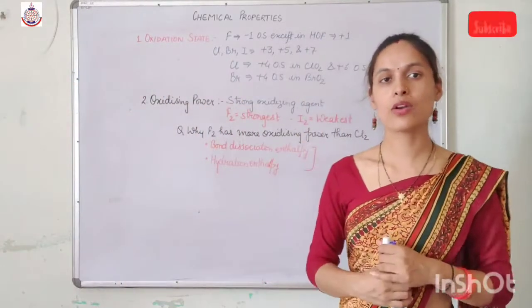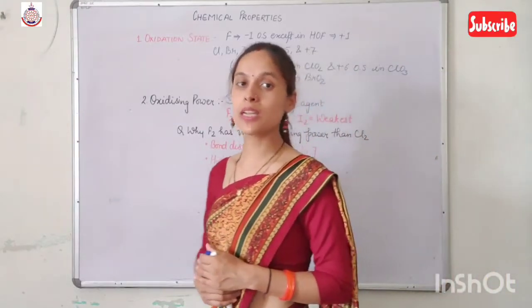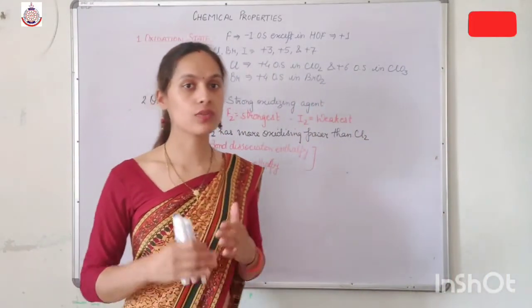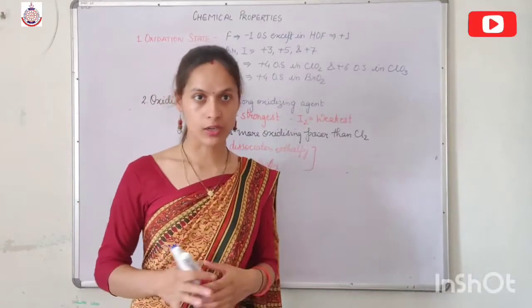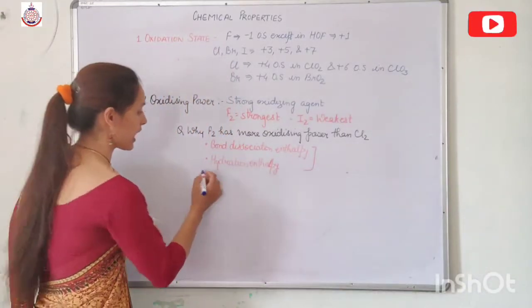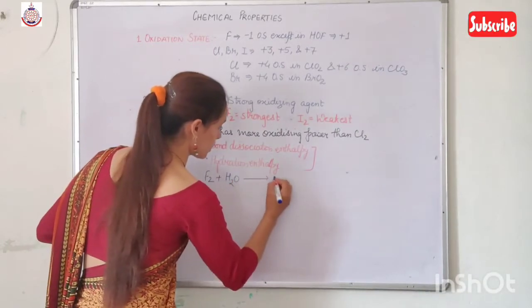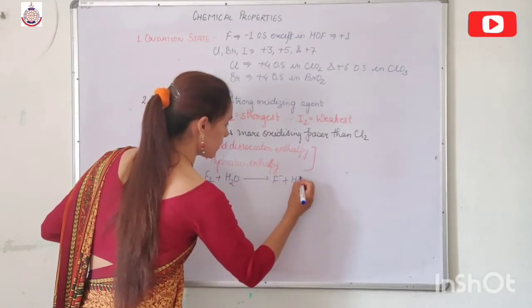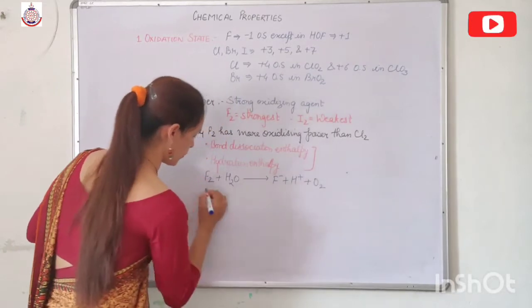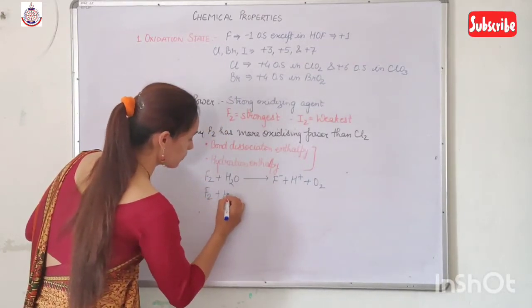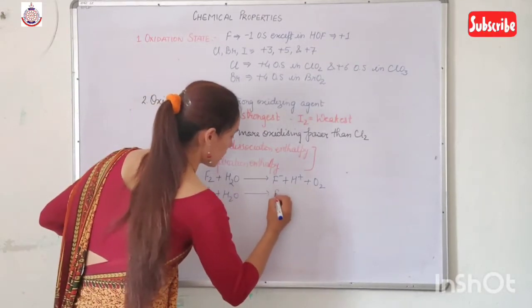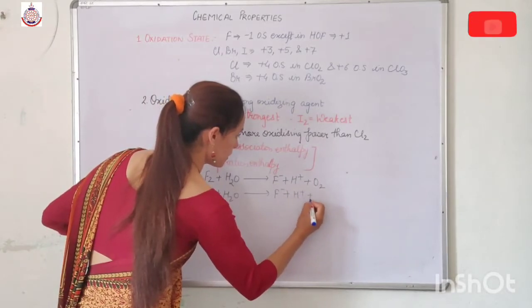Now the oxidizing power of different halogens can also be illustrated by the reaction of these halogens with water. If I write the reaction of fluorine with water, I get F negative plus H positive plus O2, or F2 plus H2O gives F negative, H positive plus O3.